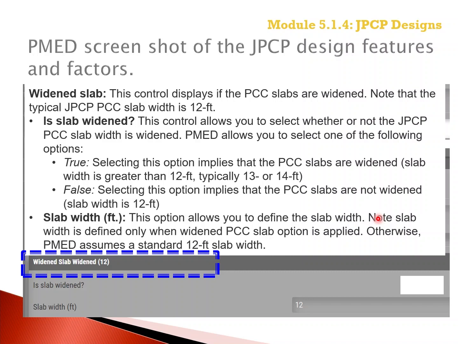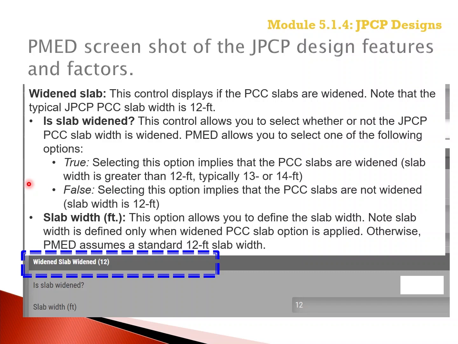If there is a widened slab, this feature allows you to select whether or not the slab is widened and the width that it is widened to. True means that the PCC slabs are widened, and if they are, then the slab width is entered here, either beyond 12 feet, 12 and a half, 13, up to 14 feet. False means selecting this option implies the PCC slabs are not widened, and the default value is 12 feet.